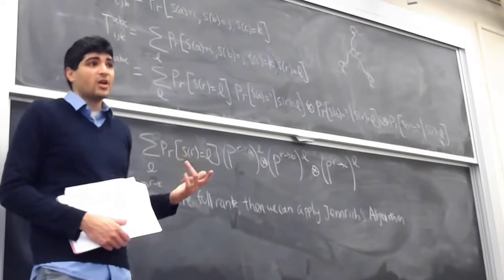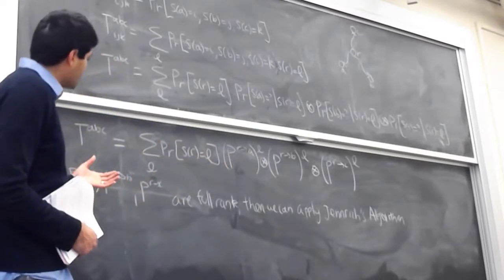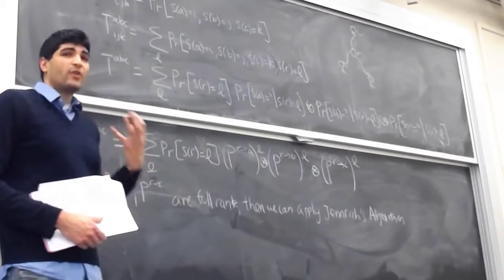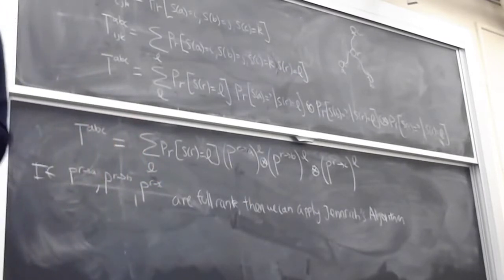Now the other non-degeneracy of Jennrich's algorithm is that we can only recover the factors up to permutation, which if you think about it is very natural, because it means that for this hidden state, we never know which one is L1 and which one's L2, because those two things are the same for us. If we interchange those, we can swap the different rows in all of the transition matrices and preserve the statistical model itself.